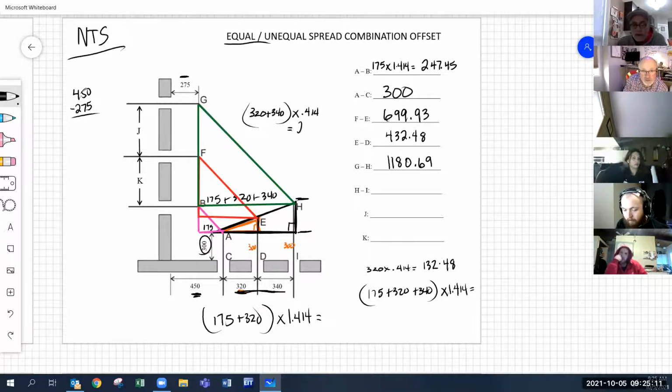And that comes out to 273.24. And I add the 300 to it. So H to I is 573.24.